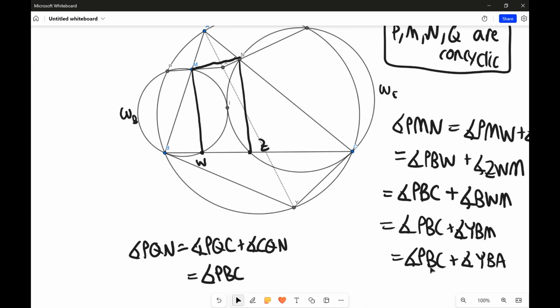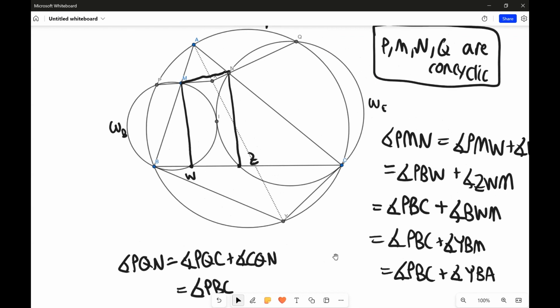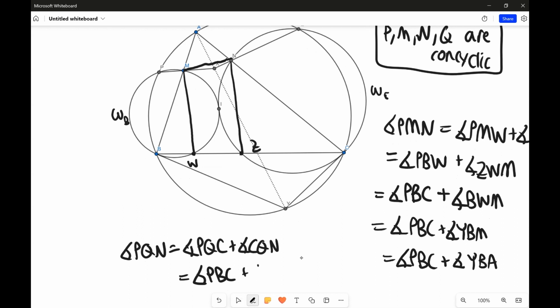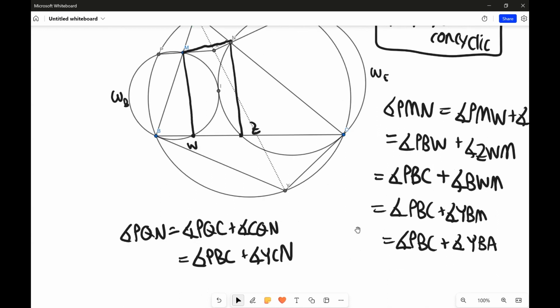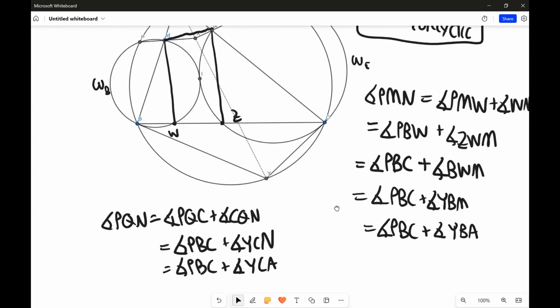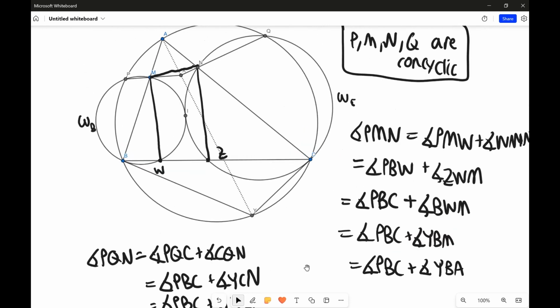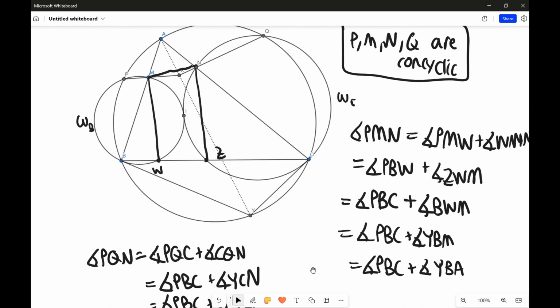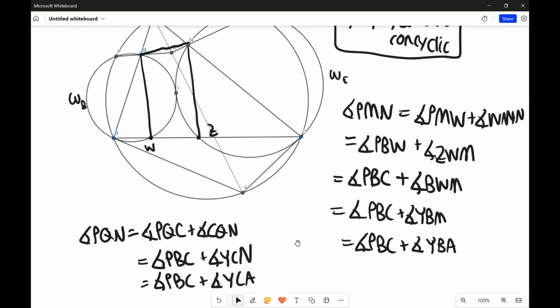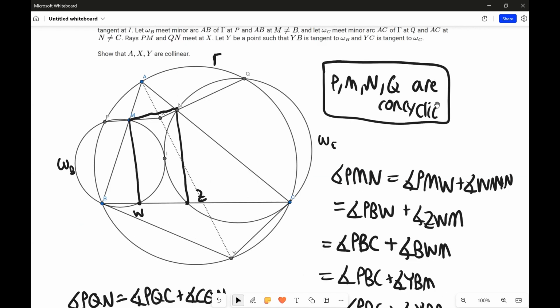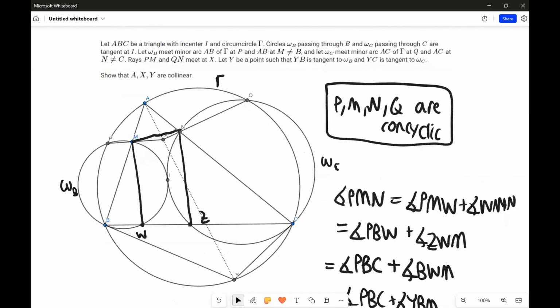And this looks familiar. And CQN is equal to directed angle YCN because of the tangent lines. And this is equal to directed angle PBC plus directed angle YCA. And at this point, we note that angle YBA is equal to angle YCA because Y lies on gamma, as we previously proved. Therefore, angle PQN is equal to PMN, and therefore, these points are concyclic, as we claimed.